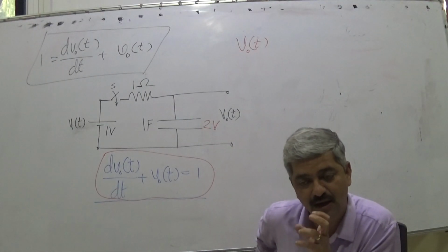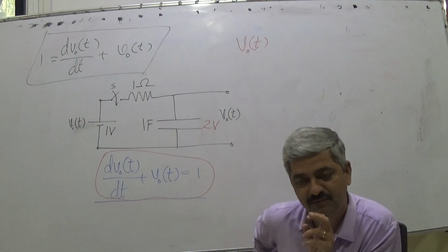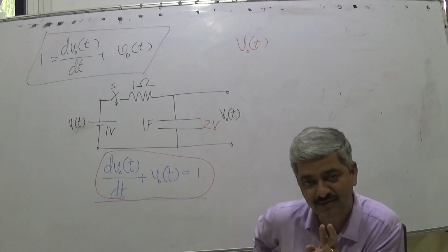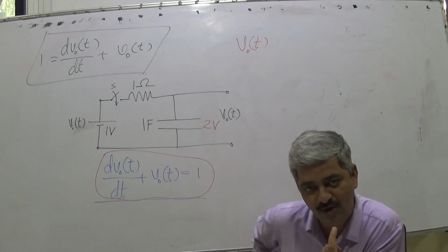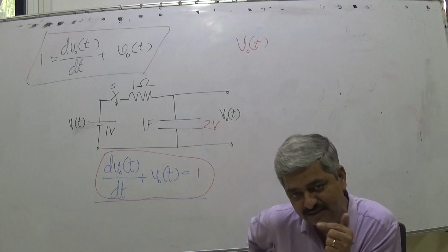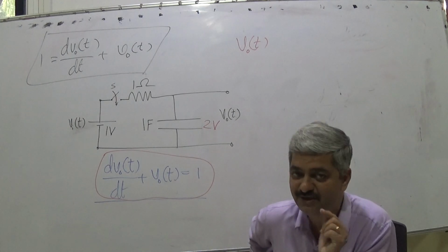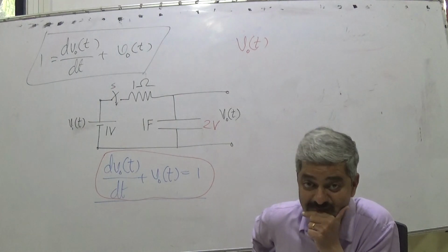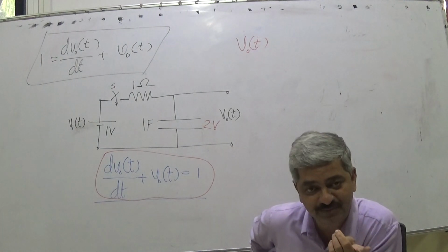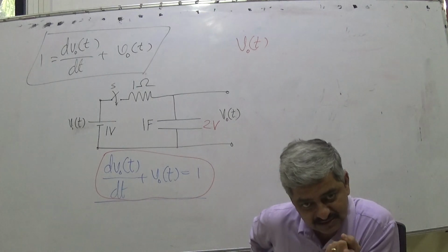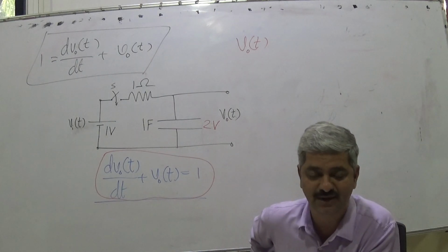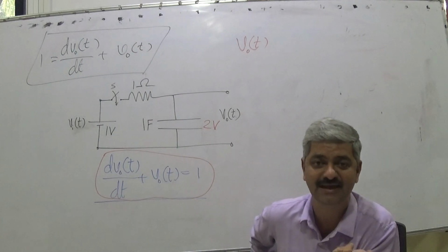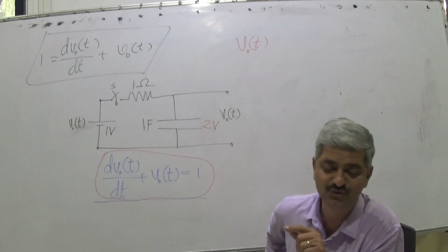A differential equation allows multiple values of a variable to exist depending upon what was the value of the variable at a given time instant. So it is an equation which works on difference. If the value of the variable at some point of time is given, then the value of the variable at any other point is determined by the differential equation.